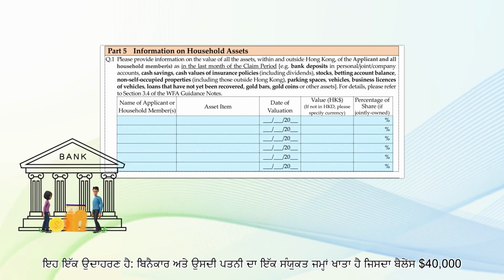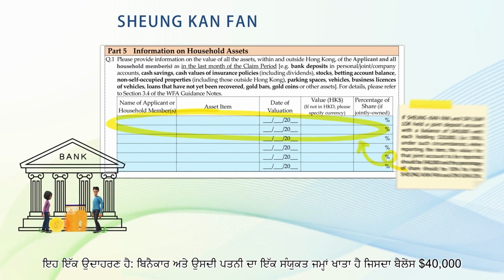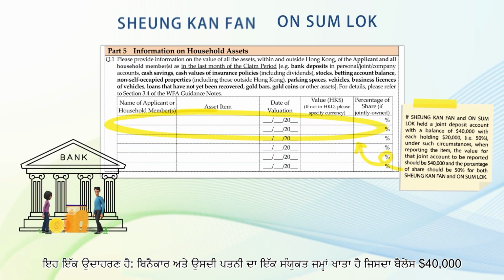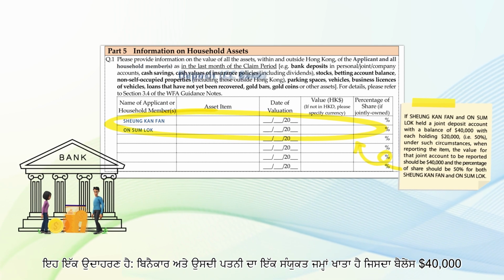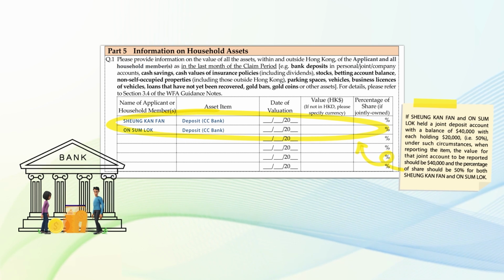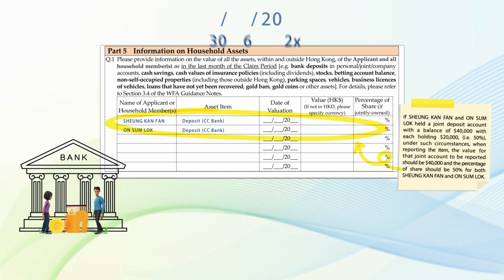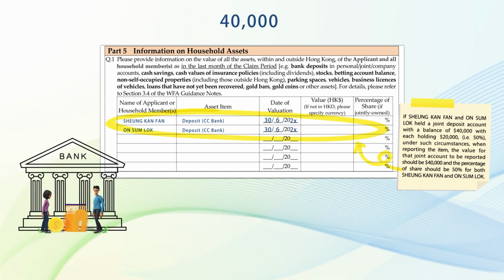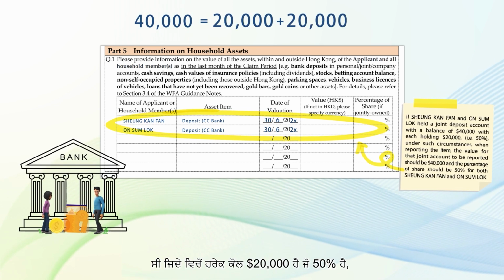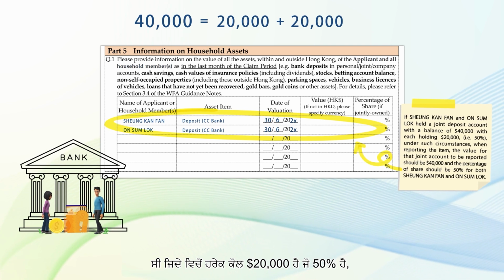Here is an example. The applicant and his wife held a joint deposit account with a balance of $40,000, with each holding $20,000, that is, 50%.